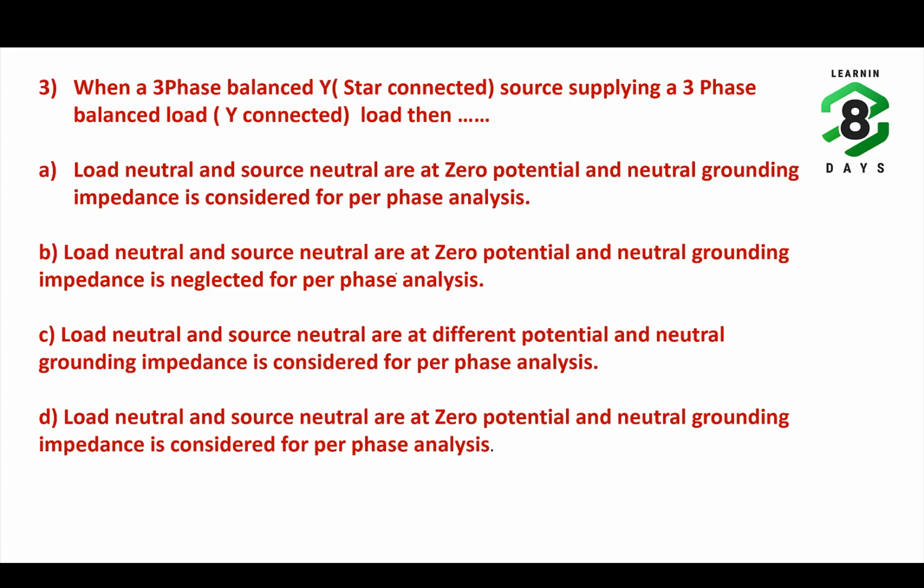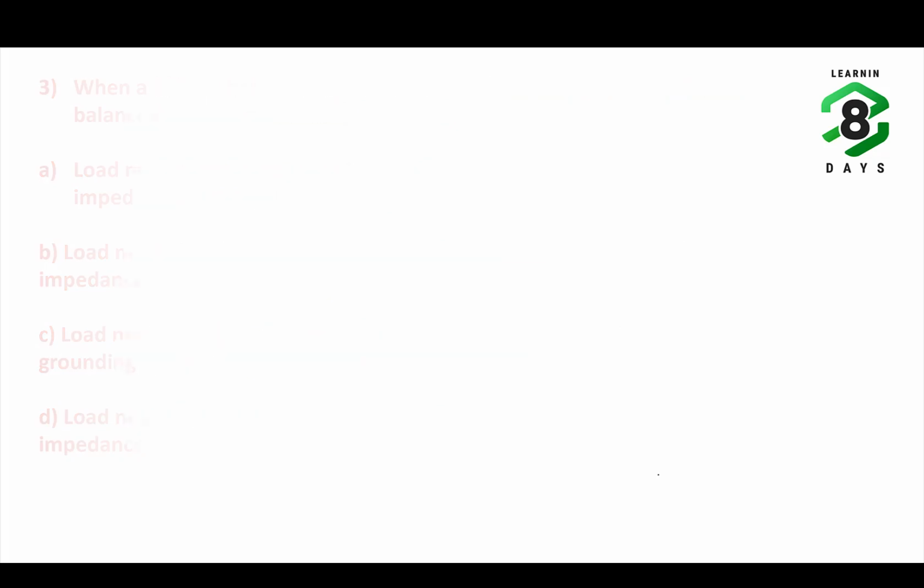Load neutral and source neutral are at zero potential and neutral grounding impedance is neglected for per phase analysis. Load neutral and source neutral are at different potentials and neutral grounding impedance is considered for per phase analysis. So it is a theoretical question.